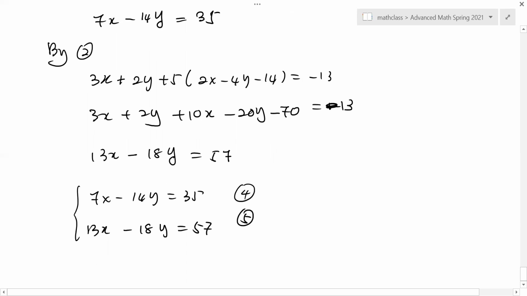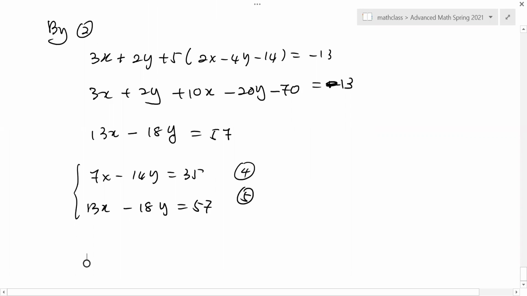So let's try to see whether we can, yeah, how do we solve this? Okay, how do we solve this?